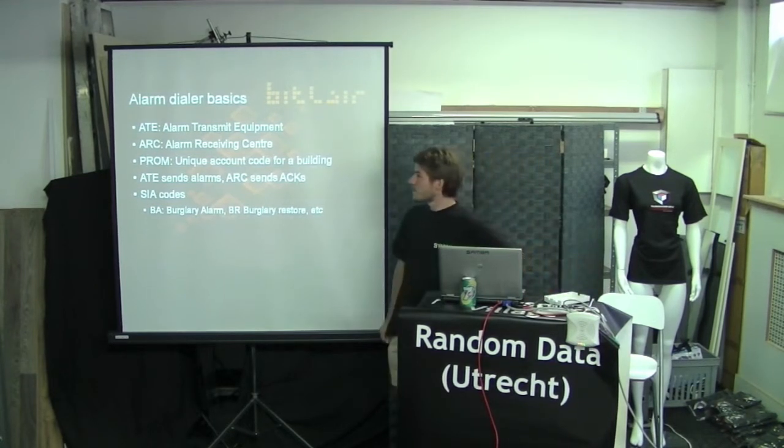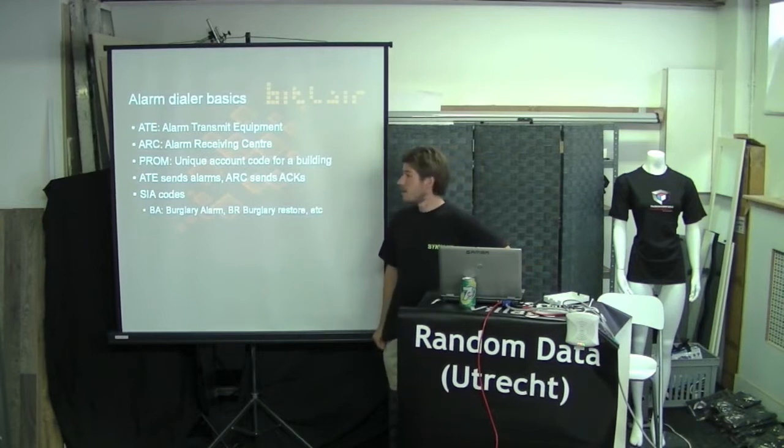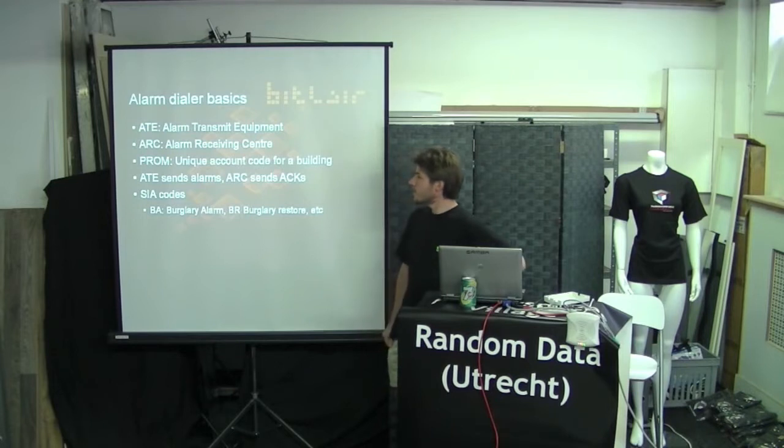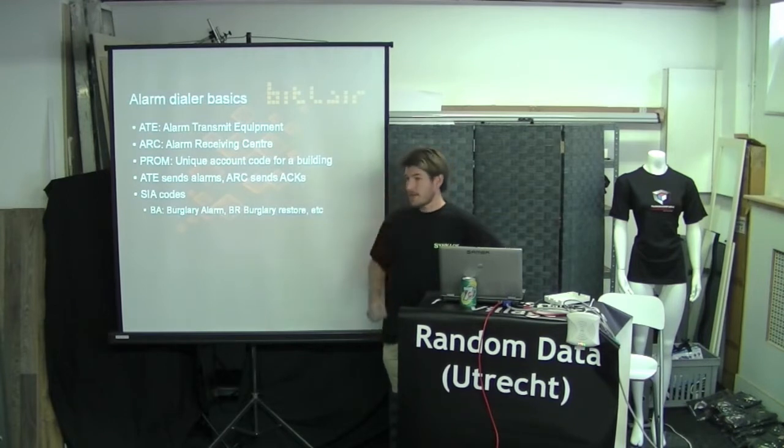The ARC, the alarm receive center, is basically the instance that receives the alarms. The PROM is the unique account code for a building, basically used to identify the customers for the alarm receive center. The ATE sends the alarms, the ARC just talks everything, basically.